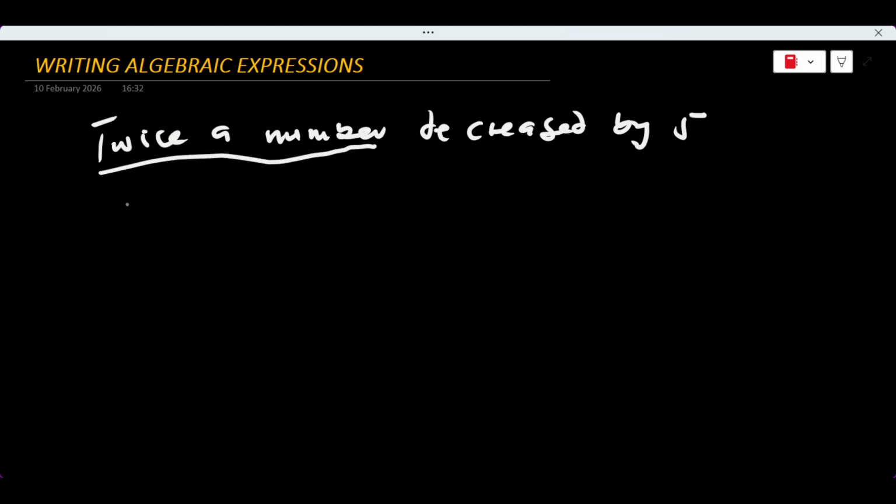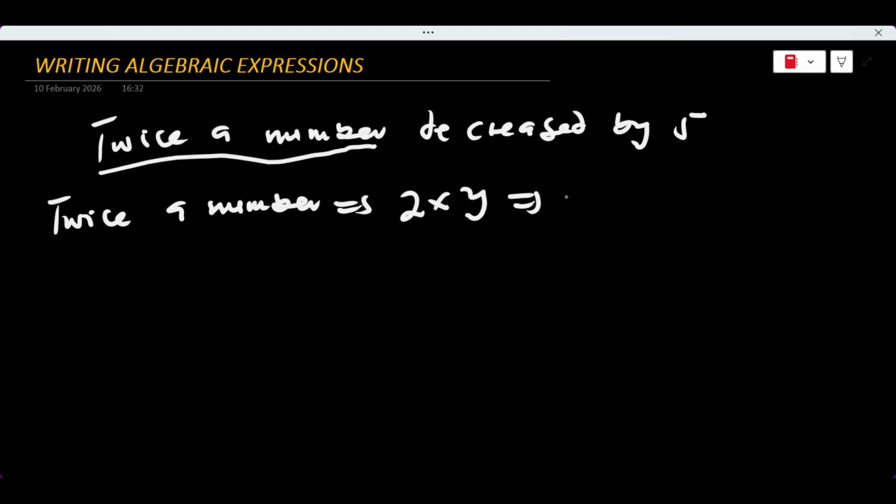Twice a number. So twice a number basically means what? 2 times the unknown. In this case, we are representing it with the variable y. So 2 times y, which gives us 2y.